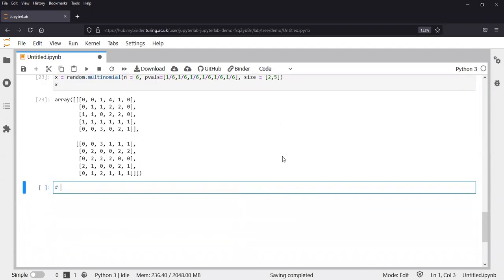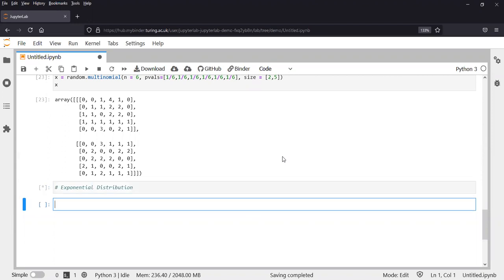The next is the exponential distribution. Here, x is random dot exponential.